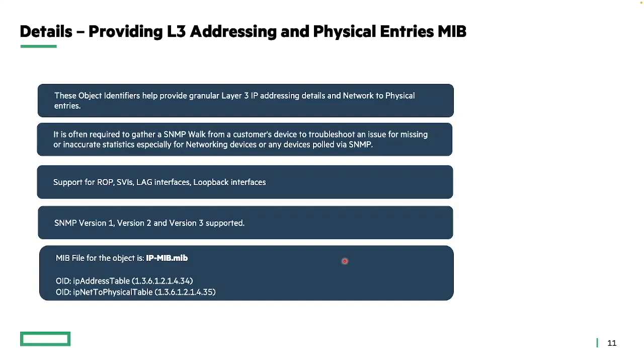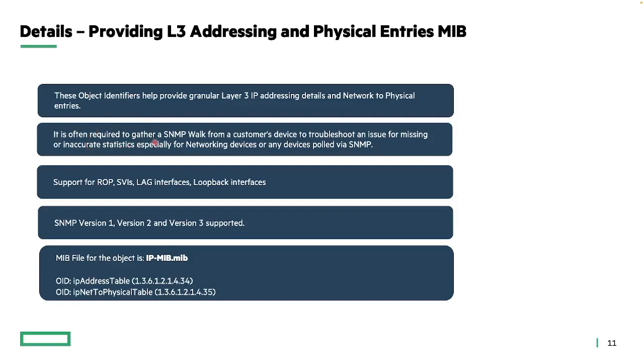We are talking about providing IP interface table entries, to some extent, and net to physical table entries, right? With these object identifiers, we can get those details. So these object identifiers help provide granular layer 3 IP addressing details and network to physical entries, right?